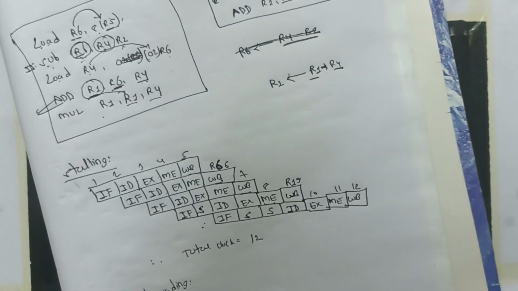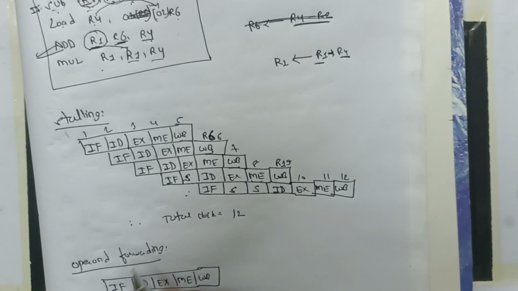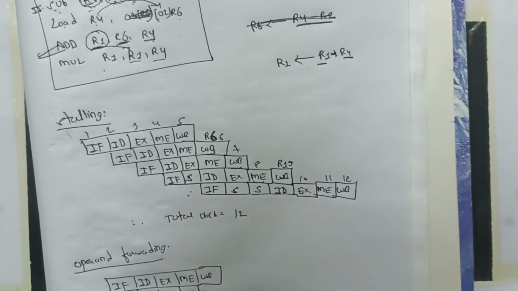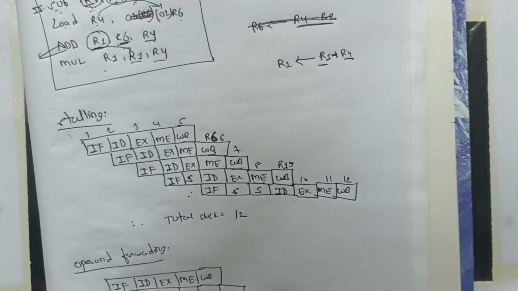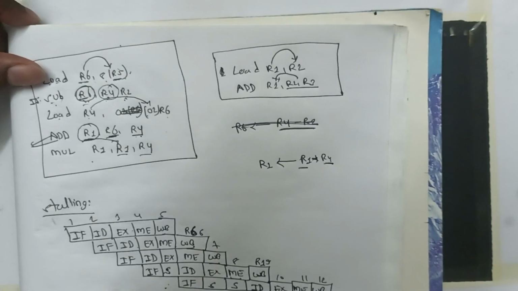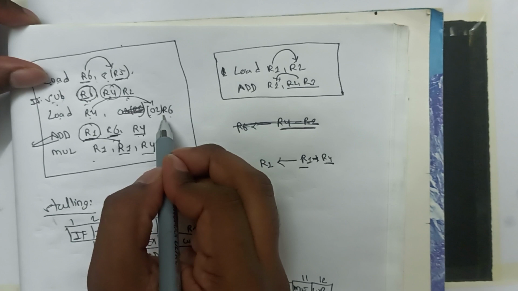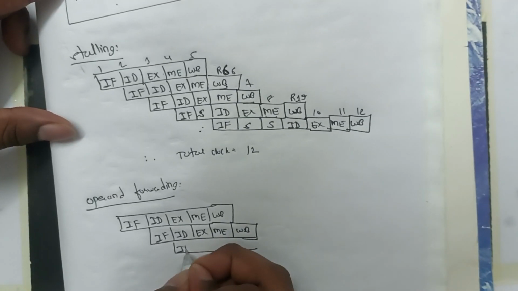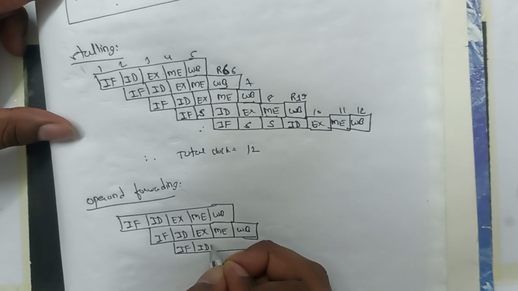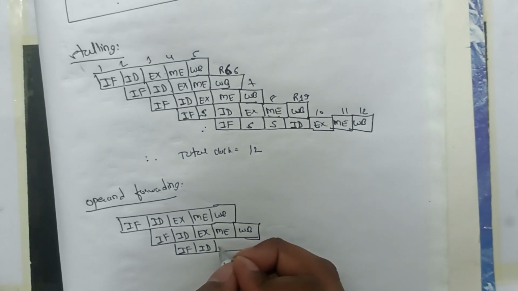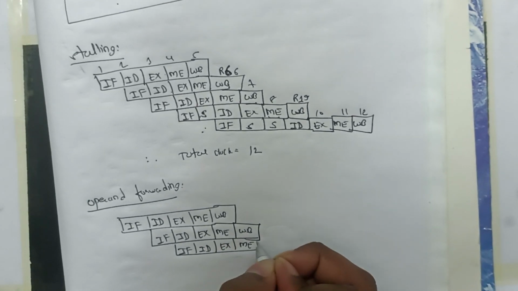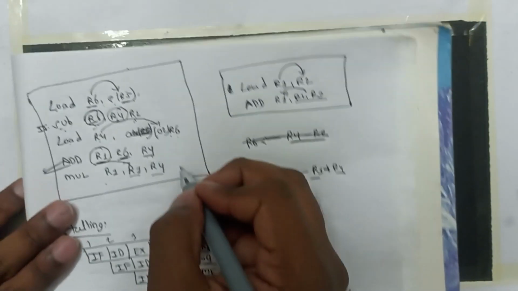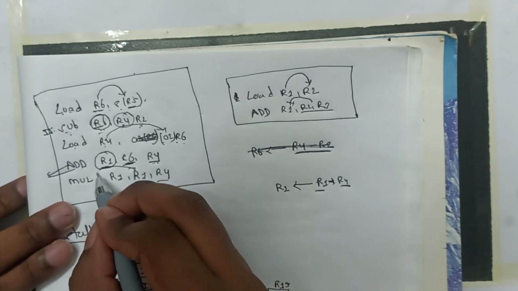No, there is no dependency. So IF, ID, EX, ME, WB. R4 is stored in R6. Is there any dependency? No dependency. Simply IF, ID, EX, ME, WB.